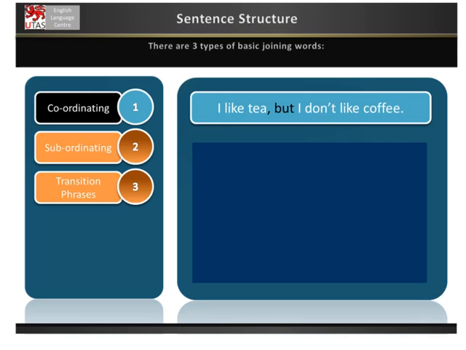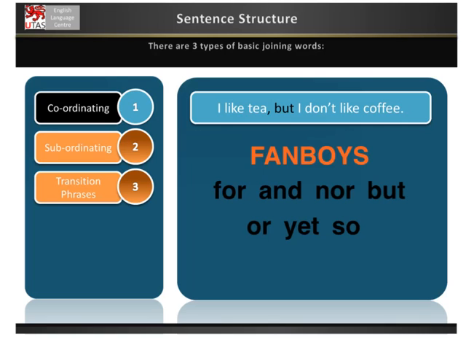Group 1 always come in the middle of the sentence, and they always come after a comma. It's easy to remember group 1 because group 1 only has 7 joining words, and this word fanboys is an easy way to remember them.